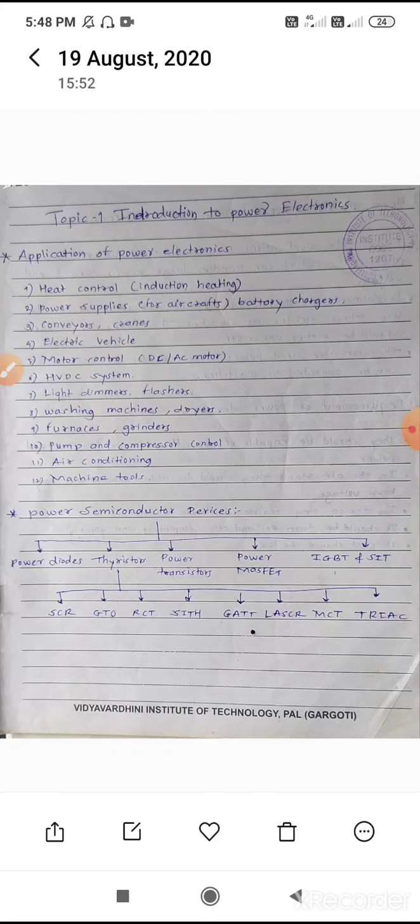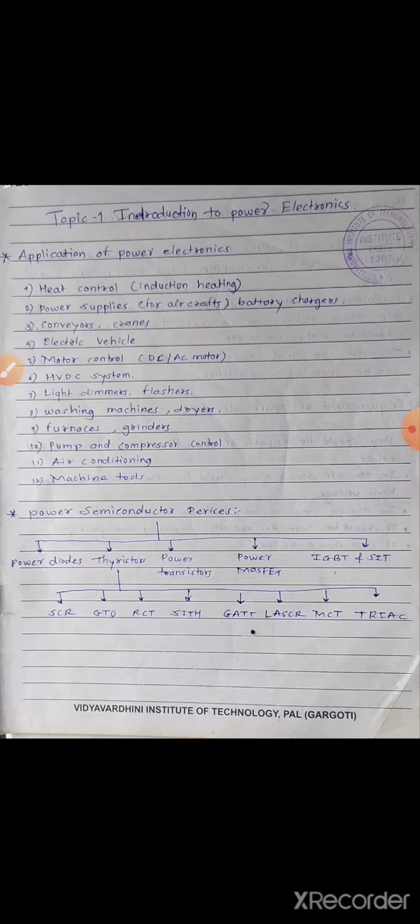Such applications are heat control, induction heating, power supplies, conveyors, cranes, electric vehicles, motor control, HVDC systems, light dimmers, washing machines, dryers, furnaces, grinders, pumps, compressors, air conditioners, refrigerators, machine tools.